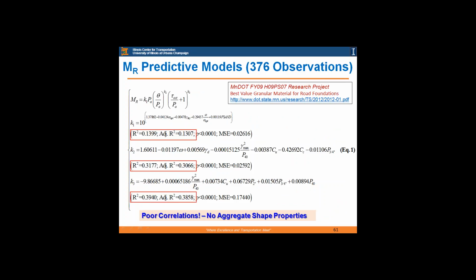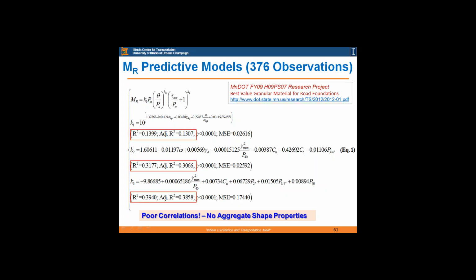And this is an example of something similar to what I'm talking about that was previously done by a PhD student in Professor Tutumler's group, Biwanji, who was looking at the resilient modulus model from MEPDG and trying to correlate the K1, K2, K3 parameters with the material properties of the different aggregate layers.